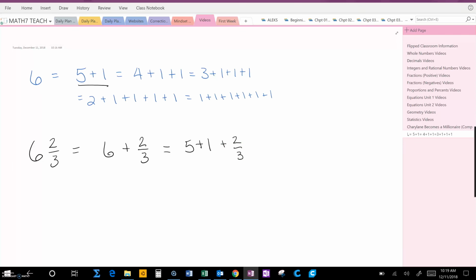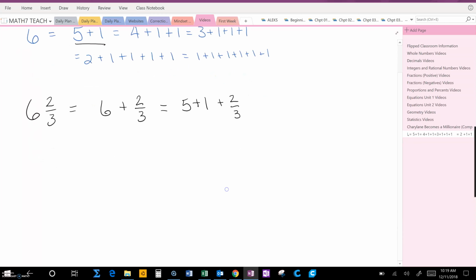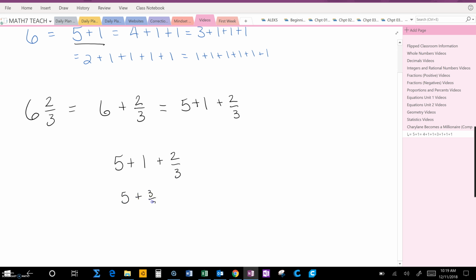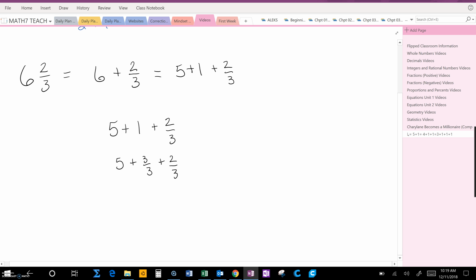Now that can come in very handy when we're regrouping. So we could rewrite 6 and 2/3 as 5 plus 1 plus 2/3. Now, 1 can be rewritten as 3/3. It could actually be rewritten as any number over itself, but since we're dealing with thirds because of the 2/3, we could rewrite the 1 as 3/3.